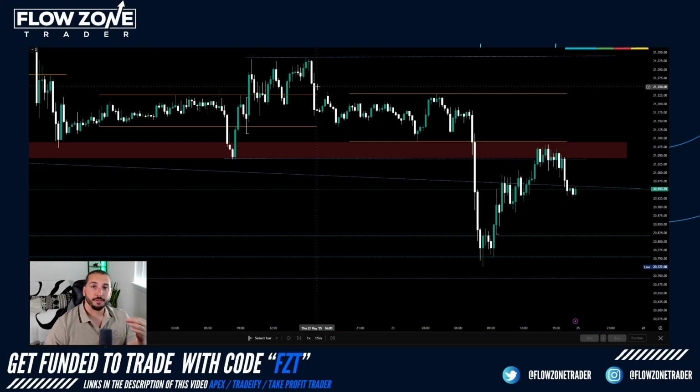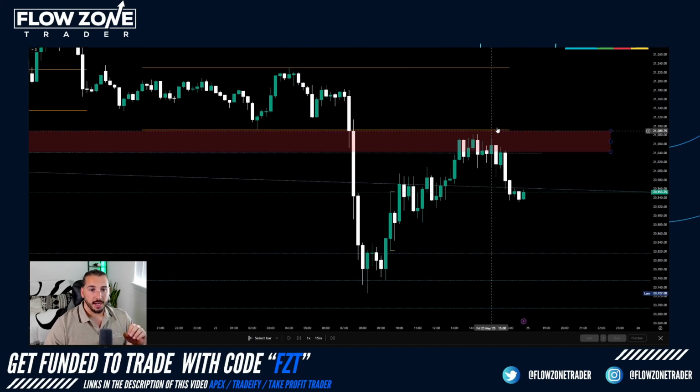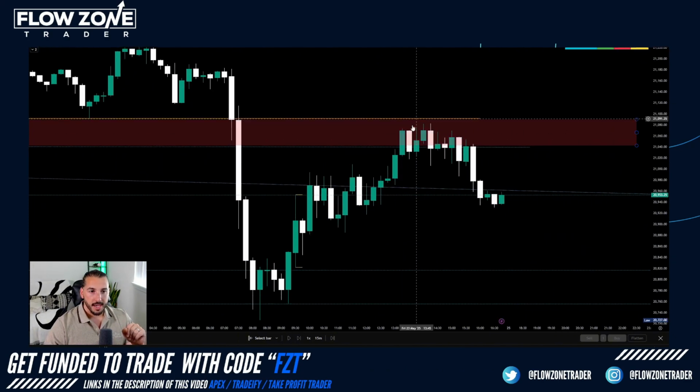Now let's look at this from a fractal point of view so you can understand how frequently we can use inside bars, because it's not just on weekly and dailies, it's on every single time frame. The first key thing to identify is the area we're trading in. Okay, we know there's supply up here. We come up into this range.